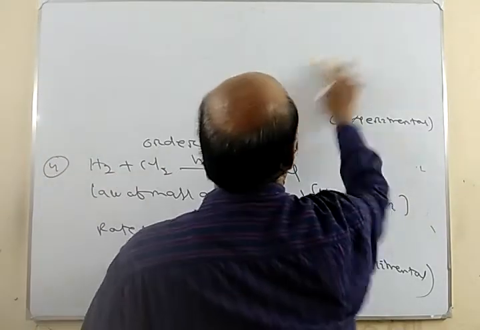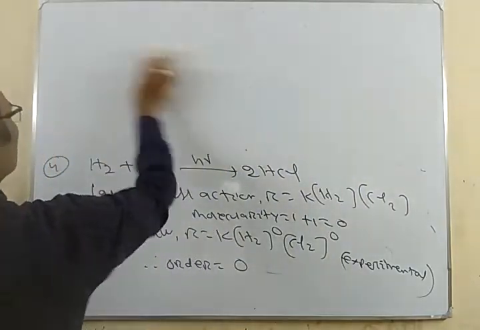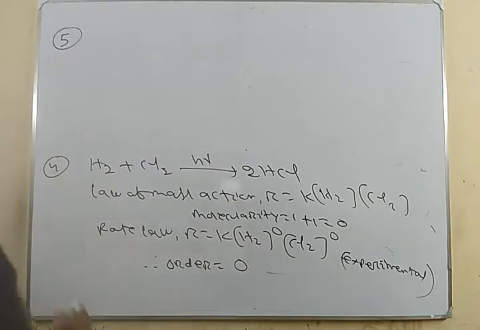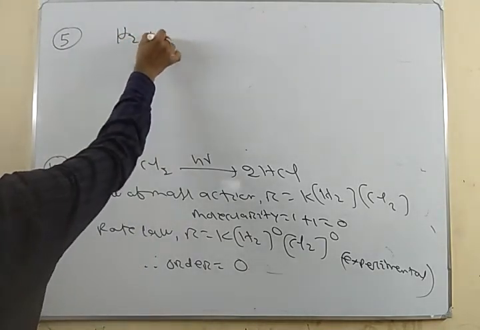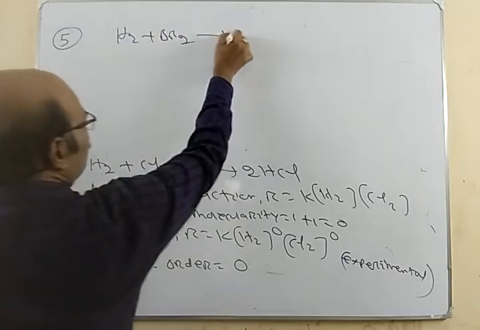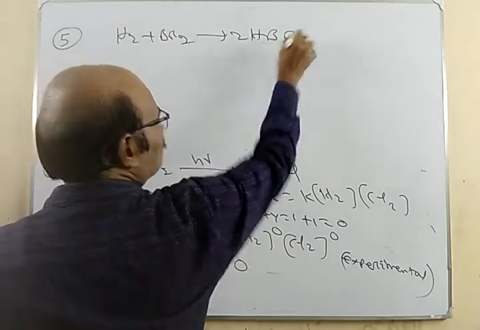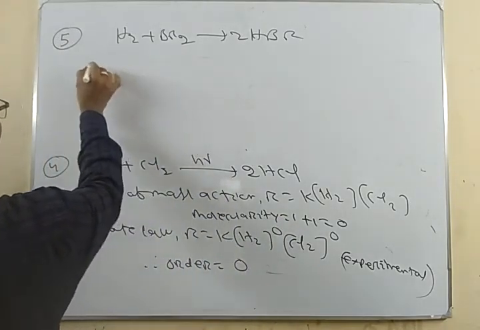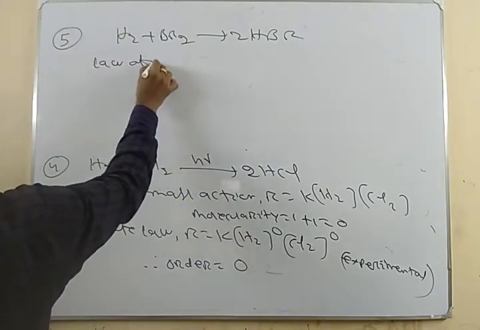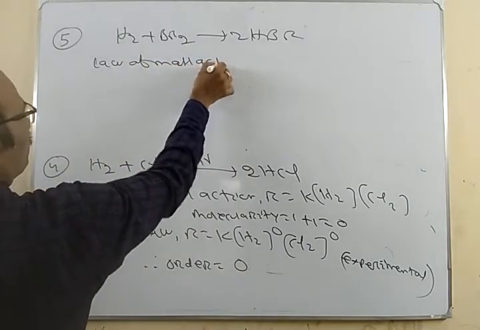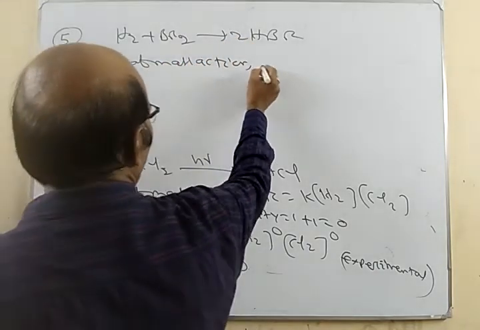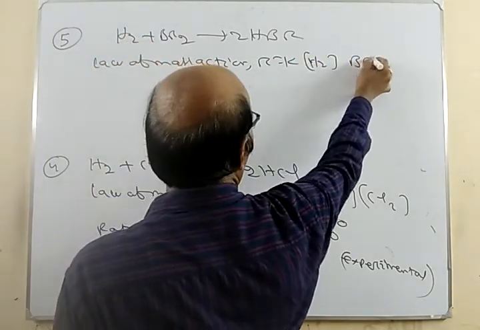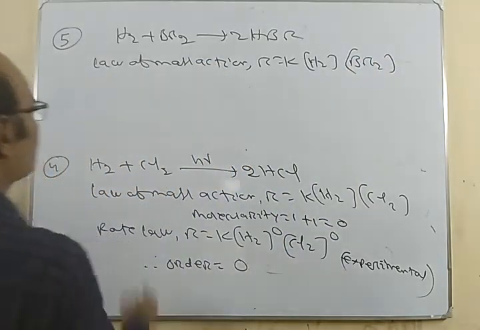Now number 5. If I take H2 plus Br2 giving 2HBr, here by the law of mass action, R equal to K [H2][Br2].